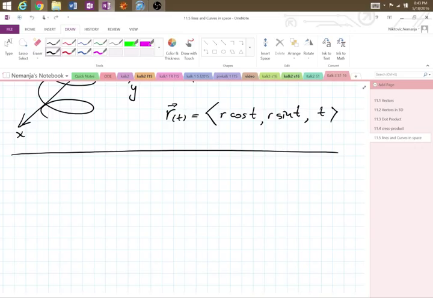You find a separate limit for the first function, which is in the x spot, and then a limit for the second one in the y spot, and the limit for the third one in the z spot. So technically, you will be doing 3 Calc 1 problems per each Calc 3 problem. And that is going to stay like that for the rest of the Calc 3 class. So limits and continuity for vector-valued functions.